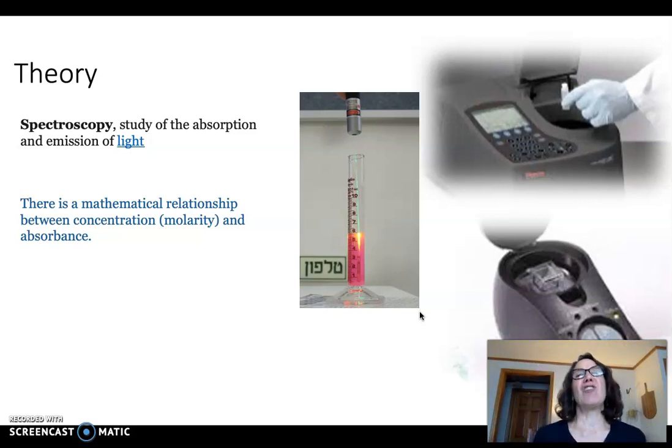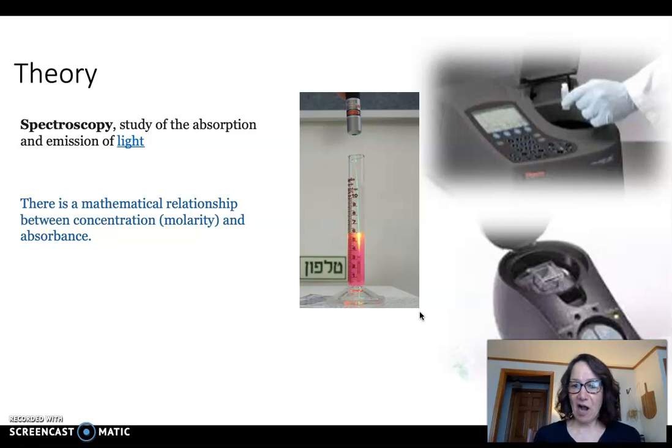If I make a dilute solution of cherry Kool-Aid and it's sort of light pink, and I shine a light through it, that light's going to be able to pass through there. But as it goes through, there are going to be particles of solute that the light is going to reflect off of, and it's going to absorb more of that light.